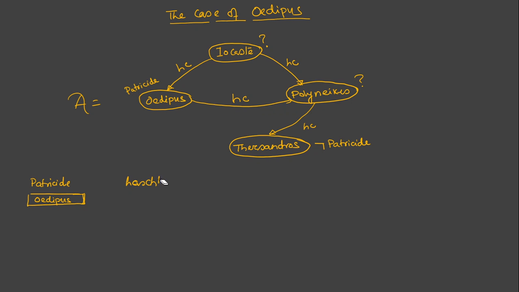relationship, which is the has child table, contains multiple records, right? So the first record is Iocasta has child Oedipus. The second record that is true is Iocasta has child Polynicus.